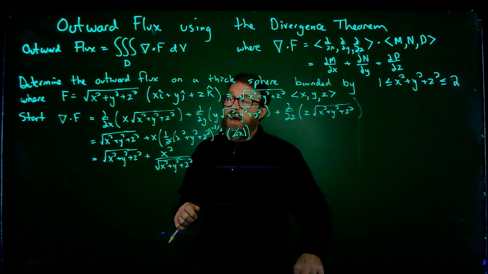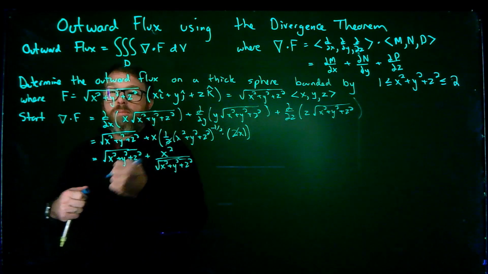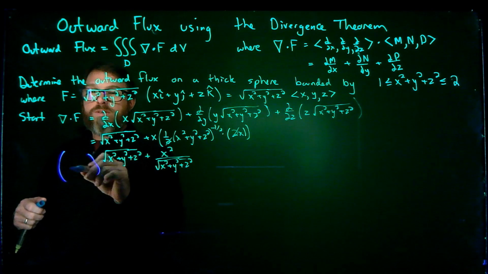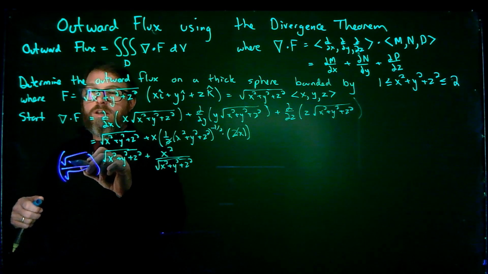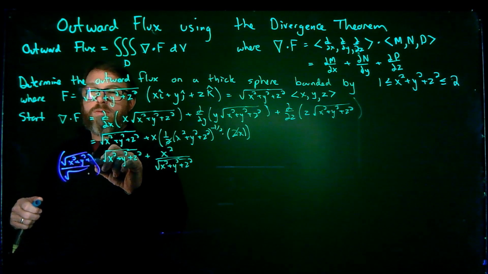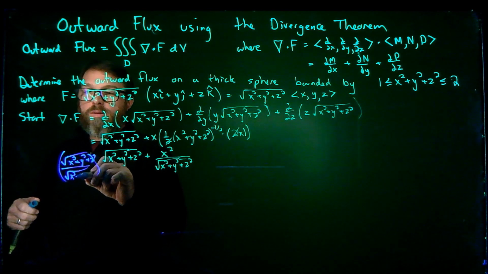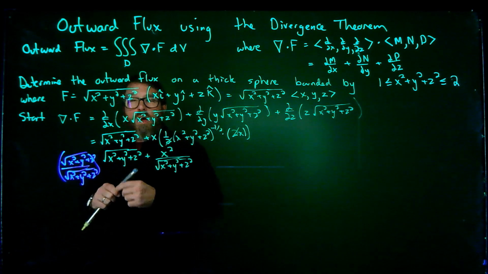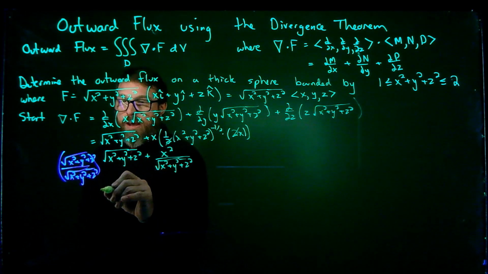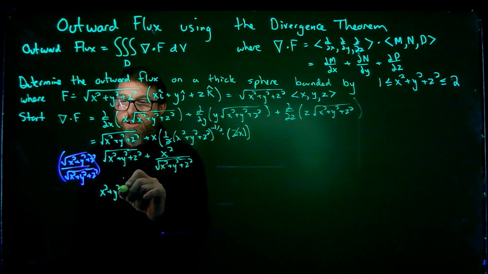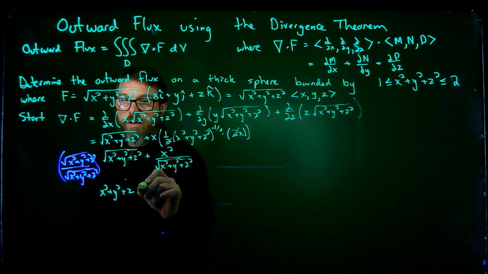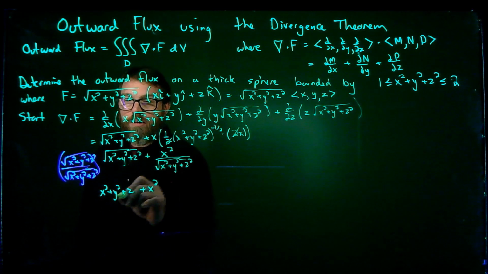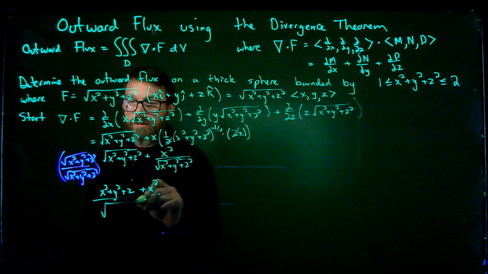Now I'm going to combine like terms, so I'm going to multiply top and bottom of the first term by x squared plus y squared plus z squared. So what we're going to get is x squared plus y squared plus z squared plus x squared, all over that radical.